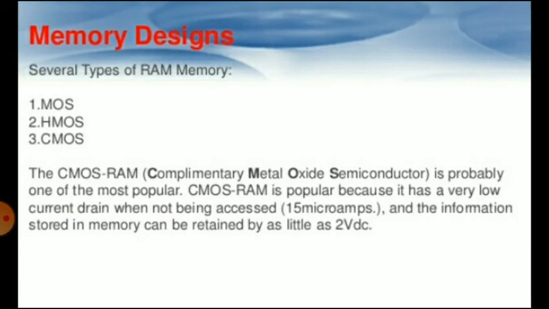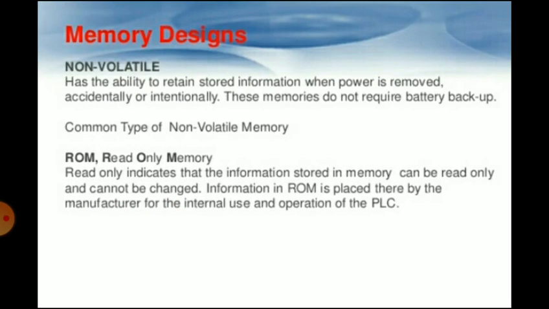Then non-volatile memory. It has the ability to retain stored information when power is removed, whether accidentally or intentionally. These memories do not require battery backups. The common types of non-volatile memory: first is ROM.